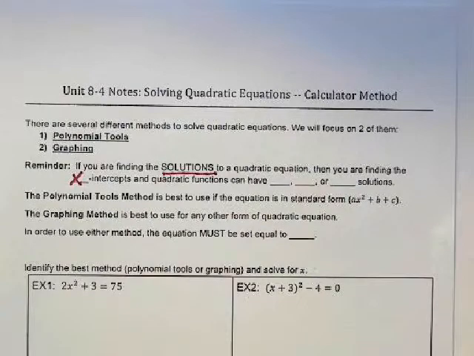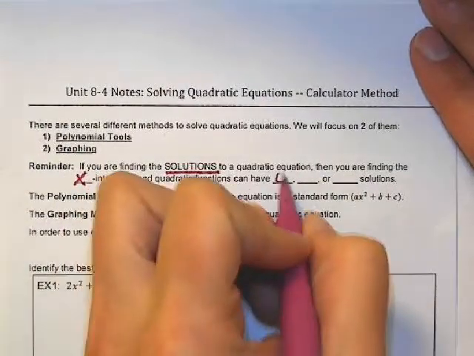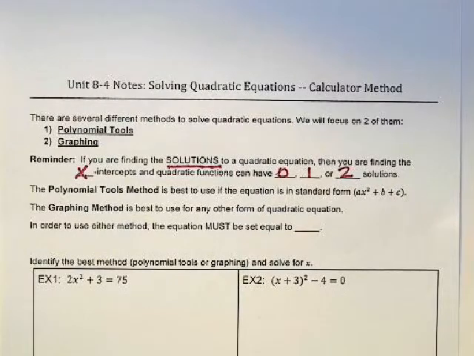S means solutions, which means x-intercept. So all of those words all mean the x-intercept. So if you're finding the solutions, which means x-intercepts, quadratic functions can have 0, 1, or 2 solutions. And what does solution mean? X-intercept. Okay, so we can have 0, 1, or 2 solutions, x-intercepts.